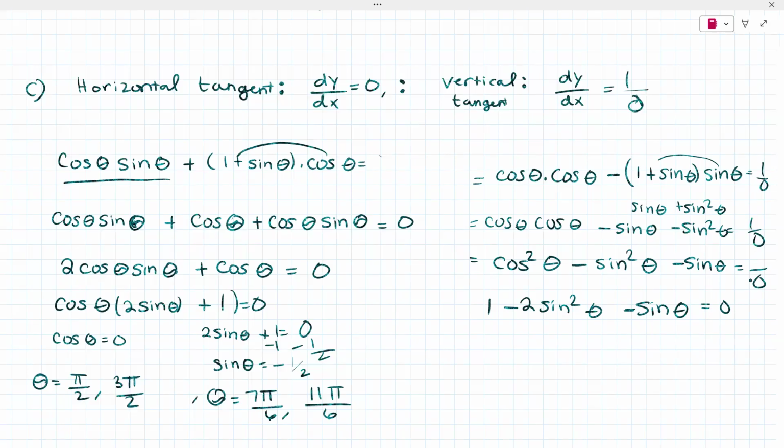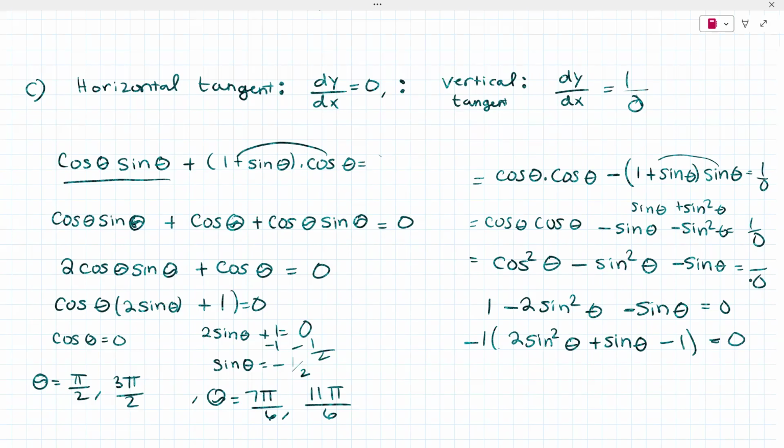So I want to factor this out, but I got to get rid of this minus. So if I factor out a minus 1, you get 2 sine squared theta plus sine theta minus 1 equals 0.